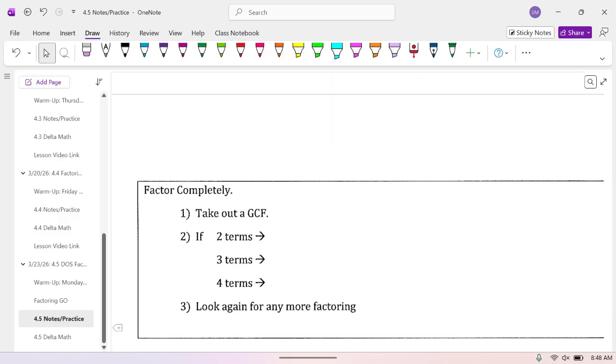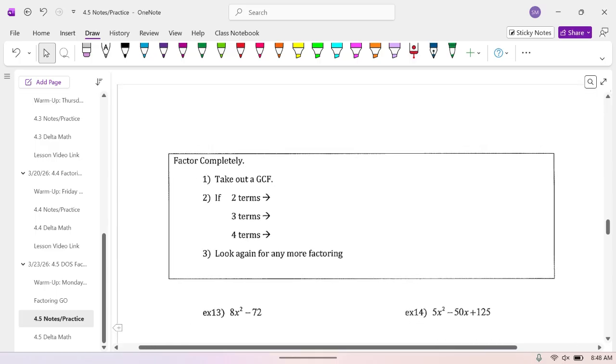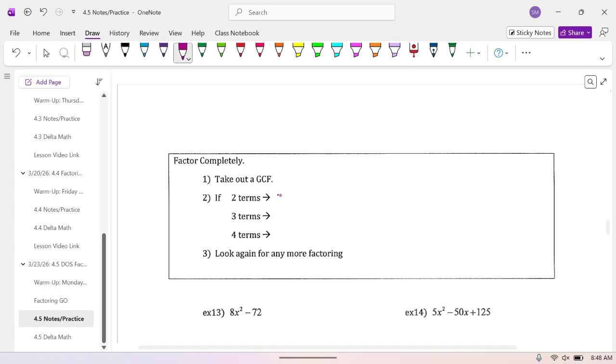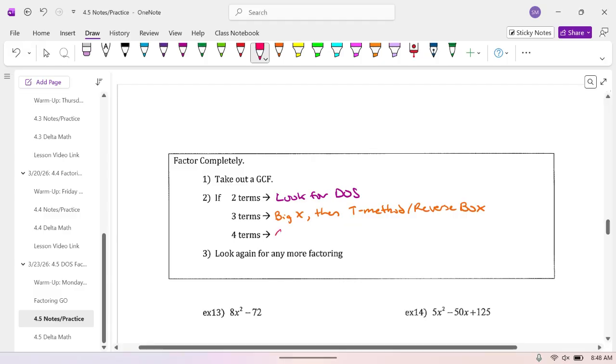All right, so back to here. So again, you take out GCF first. 2 terms, you look for a difference of squares. 3 terms, you do big X. Then you pick. You can either do T method or reverse box. 4 terms, that's just grouping.